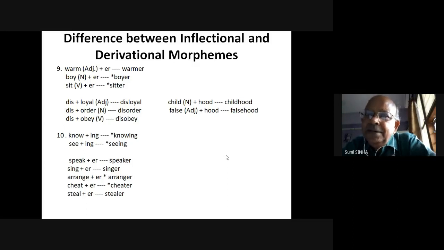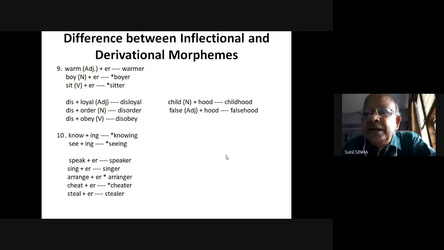Now I repeat it. The derivational prefix dis can be added to an adjective, loyal, to a noun, order, to a verb, obey. The derivational suffix hood can be added to a noun, child, and it can be added to an adjective, false.